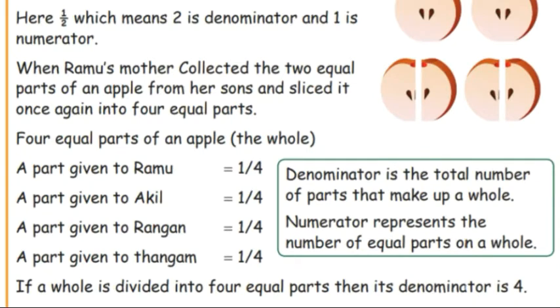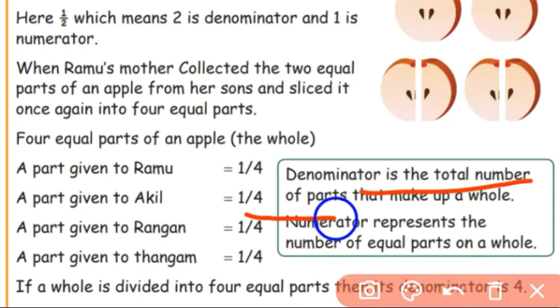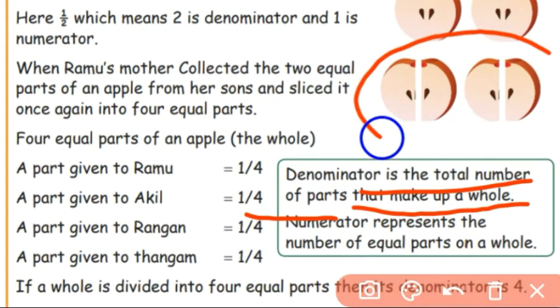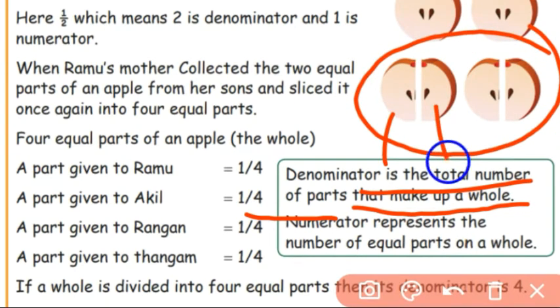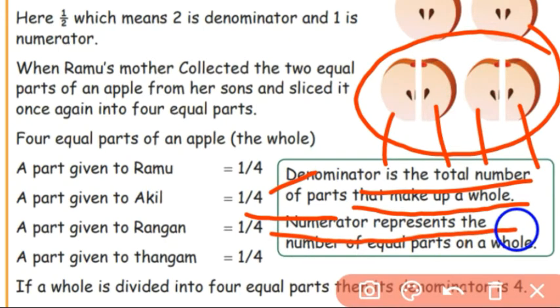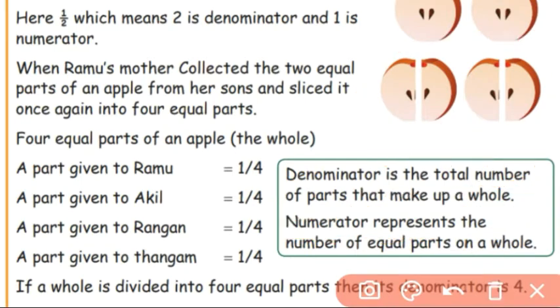See, the denominator is the total number of parts that make up a whole. One apple she divided into 4 pieces: 1, 2, 3, 4. So 4 is the denominator. The numerator represents the number of equal parts taken from a whole. One part is the numerator and 4 is the denominator.